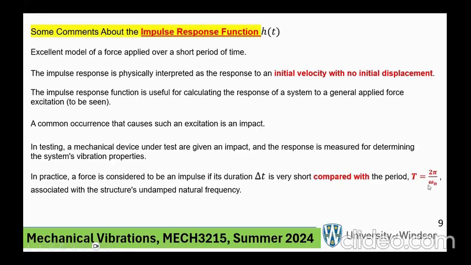So if we have our mass and the spring, we have the big T, omega n, big T. This delta t must be small compared to that number.